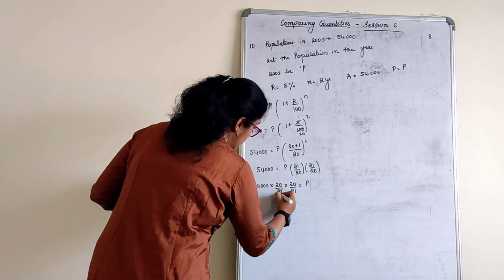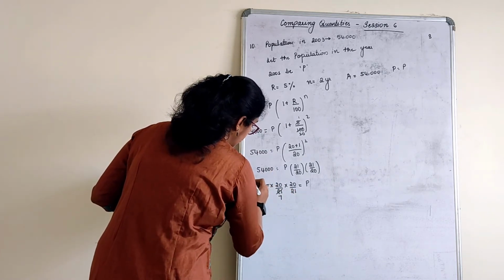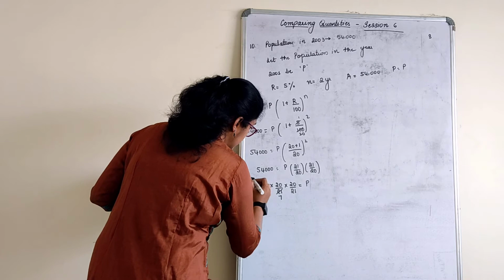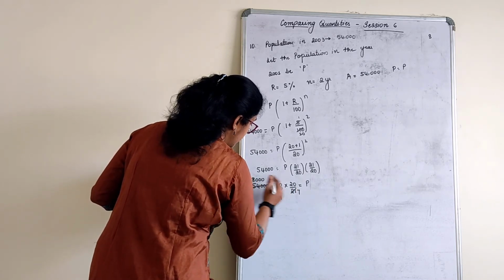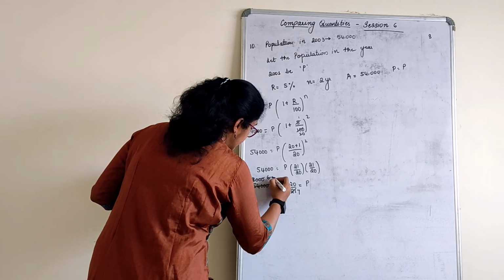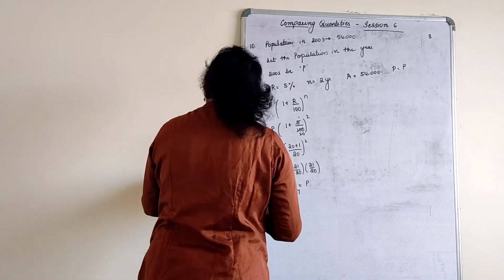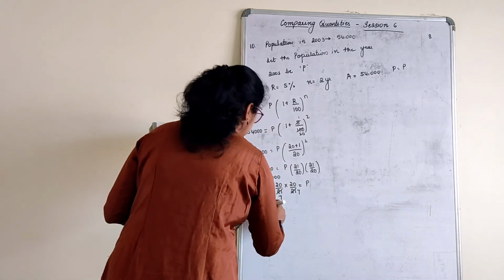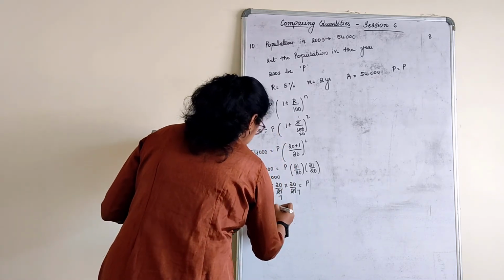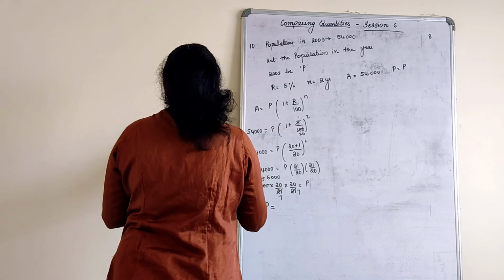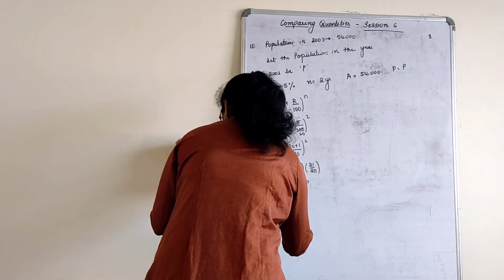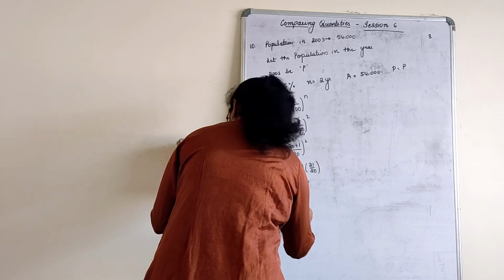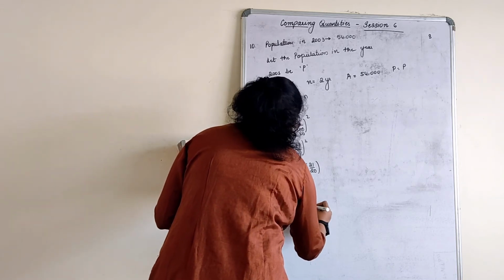So 3 7s are 21, 3 8s are 24, 3 7s are 21, 3 6s are 18, followed by 3 zeros. So finally do the multiplication. Approximately what you get here, in decimals also you might get when you multiply. I will be giving you the approximate answer. So P would be 48,980 approximately.